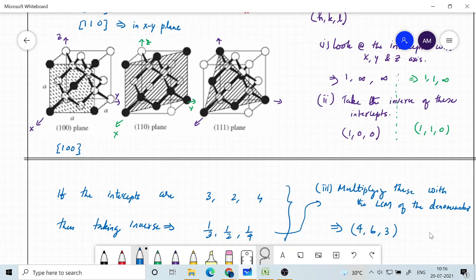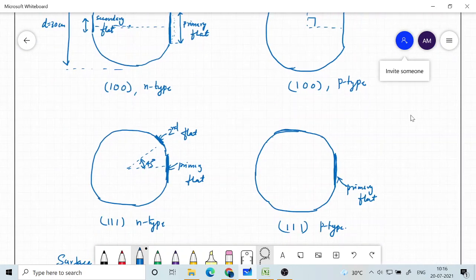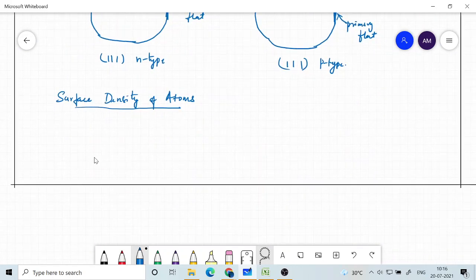Okay, so let me maybe show that explicitly. If I divide the entire area like this into different squares, there is one atom sitting here, so it is shared by many unit cells. Only this much portion belongs to this particular unit cell, so it is only 1/4.